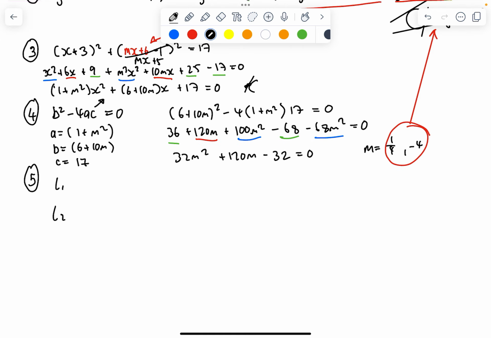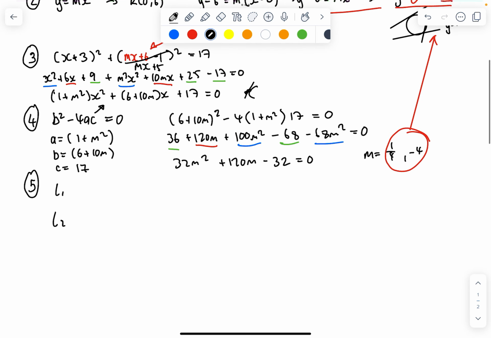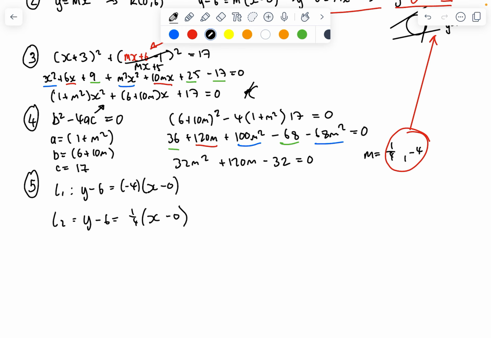So that means the equation for L2 is going to be y minus 6 equals a quarter times x minus 0. Okay, and then for L1, I know my equation is y minus 6 equals minus 4 times x minus 0. And then I can basically find my equation for my two tangents. Remember, one's plus, one's minus. That's it. Right, try the rest.